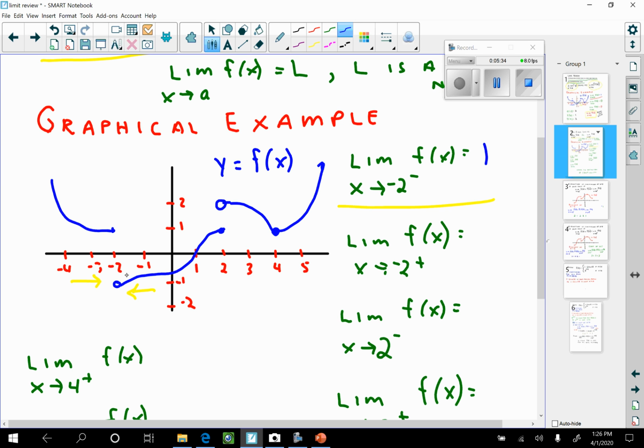F of x goes to -1. Therefore, since the left-hand limit does not equal the right-hand limit, 1 does not equal -1, this limit we say does not exist. And that's why that limit on the previous page did not exist. So that does not exist.